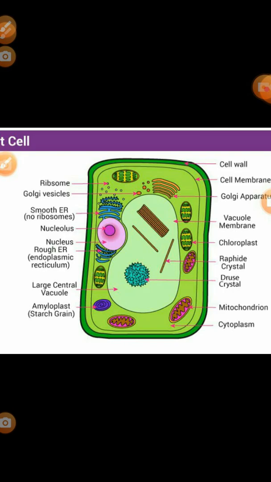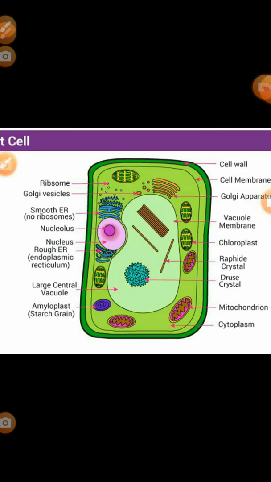First is the cell wall, which is made up of a material called cellulose. Now another feature is the vacuole. It's a big bag-like structure in the center of the cytoplasm, and it takes up most of the space inside the cell.